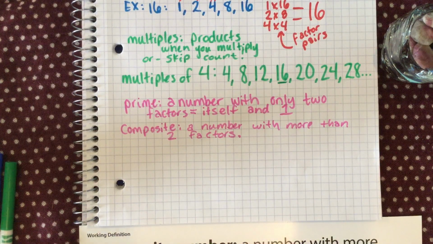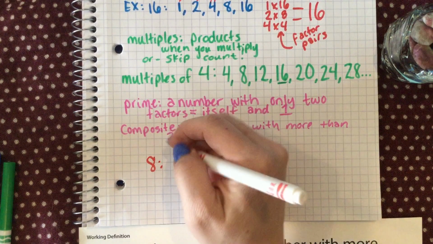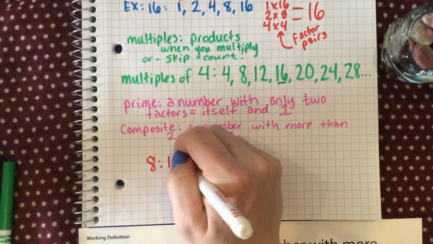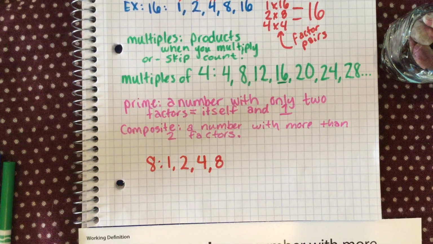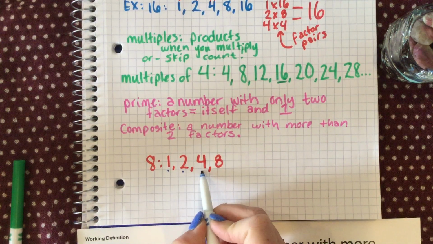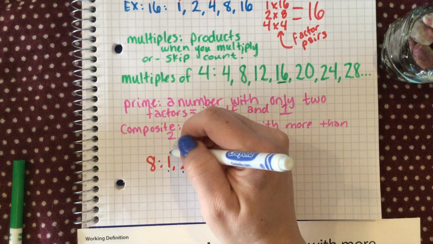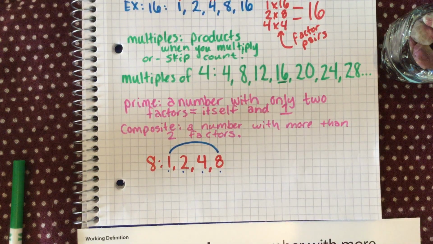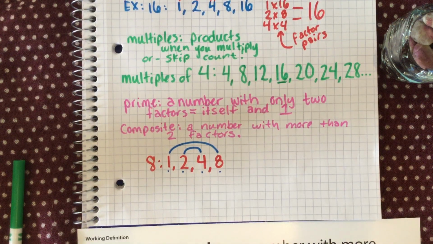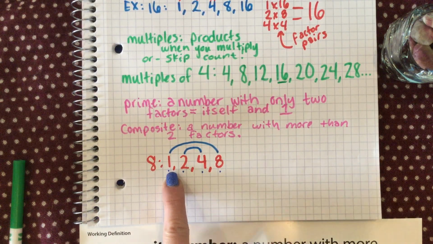So for example, we saw that for 8, we could multiply 1 times 8 and get 8. We could also multiply 2 times 4 and get 8. So remember, 1, 2, 4, and 8 are the factors of 8 because 1 times 8 is a factor pair, and 2 times 4 is another factor pair. That means that if I count by ones, 8 will be a multiple.